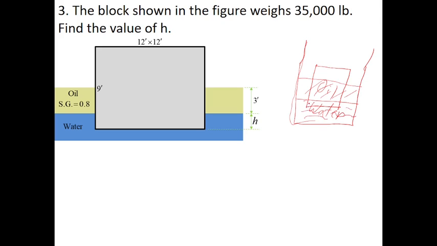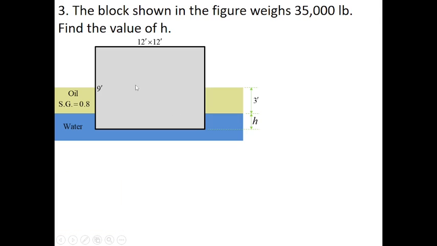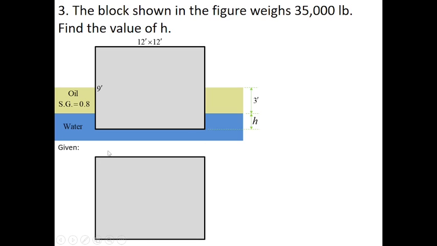Ayan. Okay? Kanina, isang liquid lang ang kinonsider natin. Dito, dalawang liquid. Water and oil. No? So, in that case, so given, ito yung ating block. So, ito yung dimension niya pala, 9 feet. Yung haba dito, 12 feet by 12 feet.